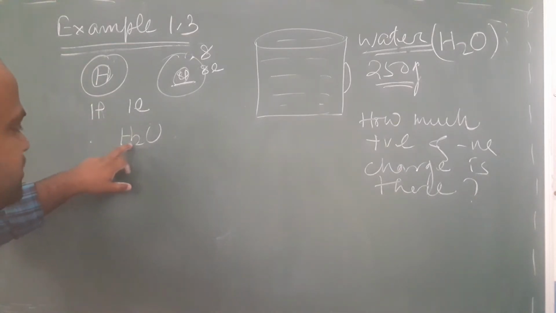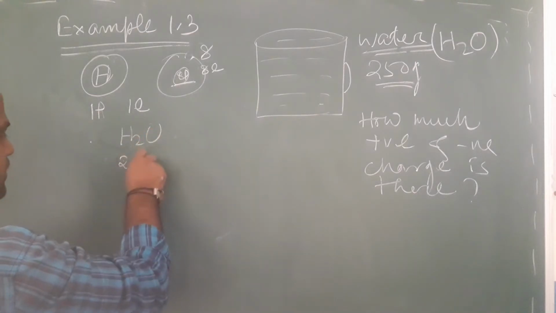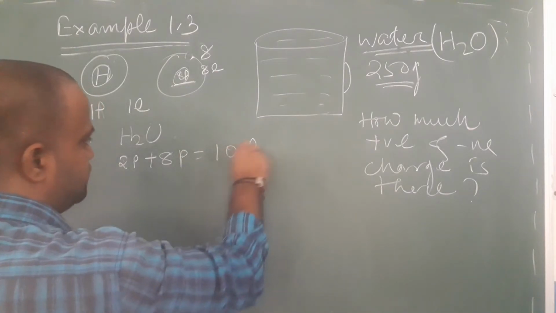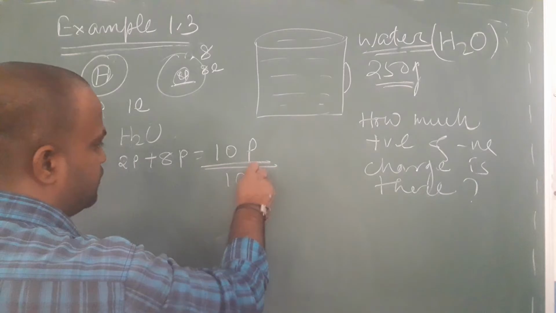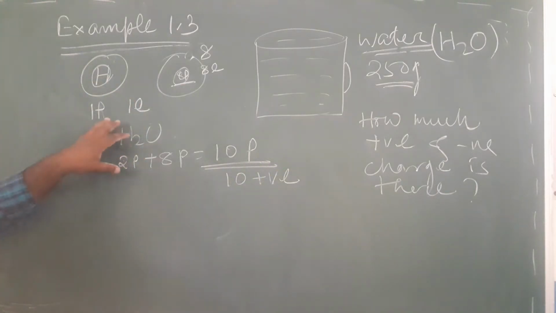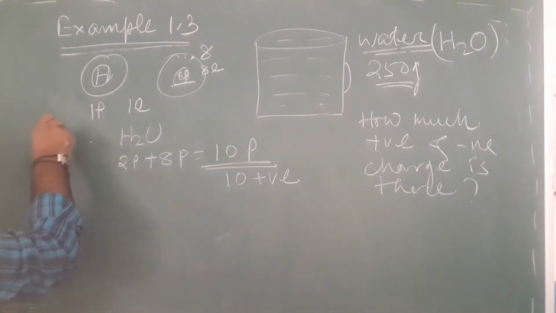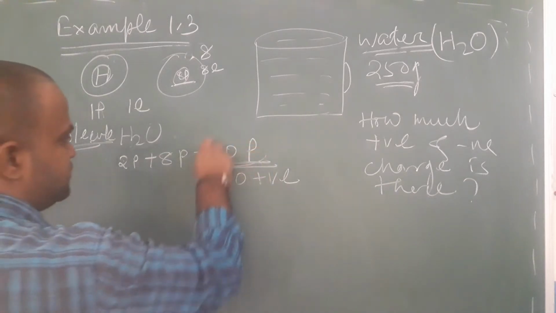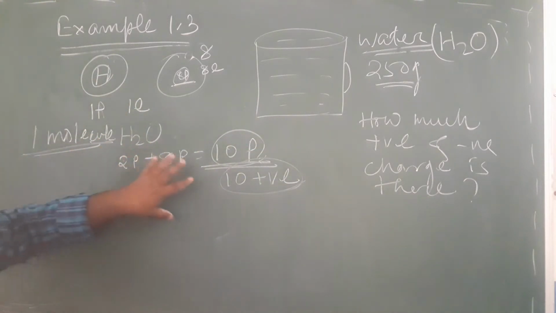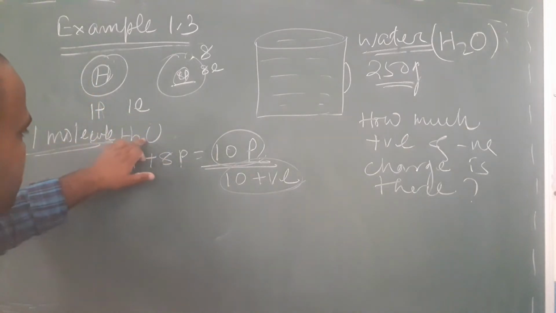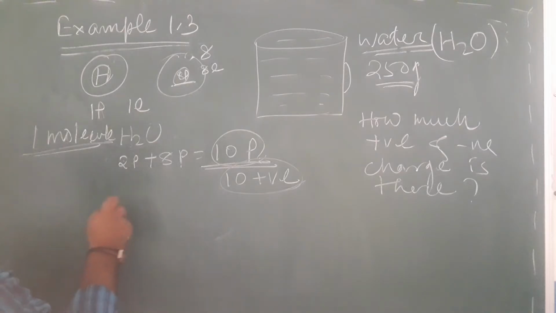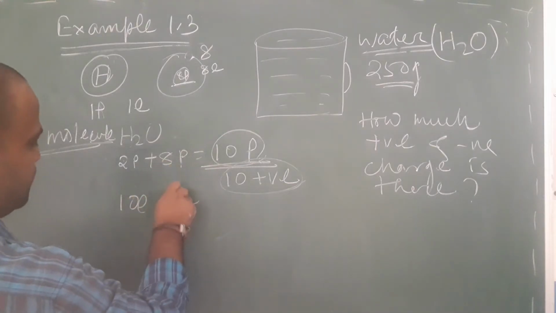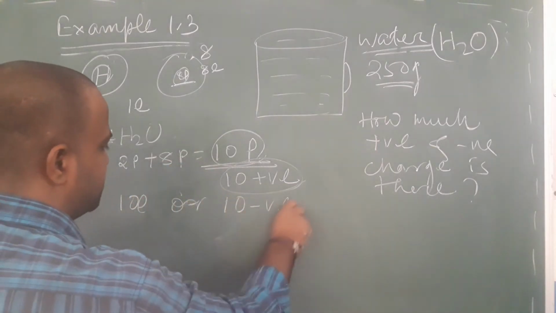That means 2 hydrogen atoms give 2 positive charges, and oxygen gives 8, so 10 positive charges, 10 protons, are there in one molecule of H2O. The same number of electrons are also there, so one molecule of H2O also contains 10 negative charges, 10 electrons.